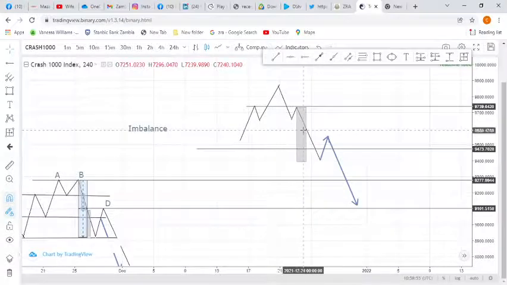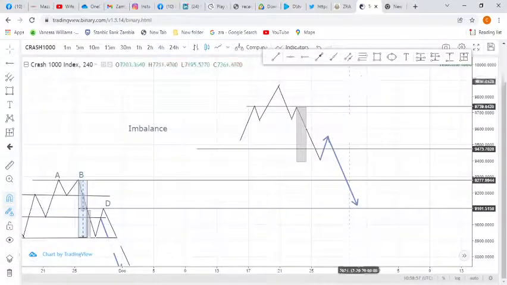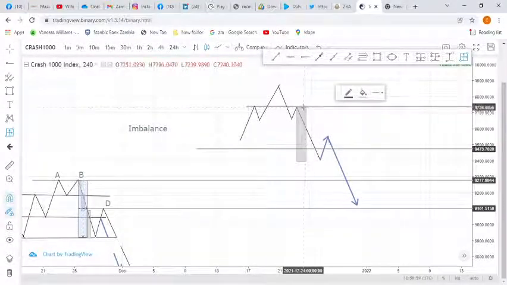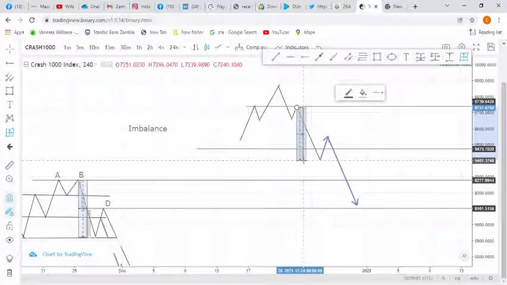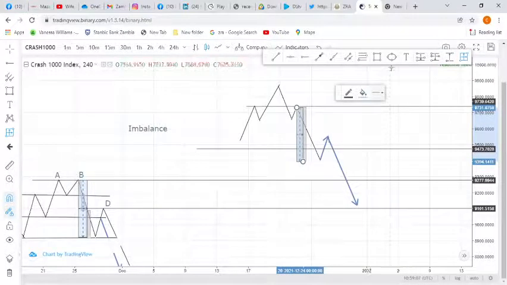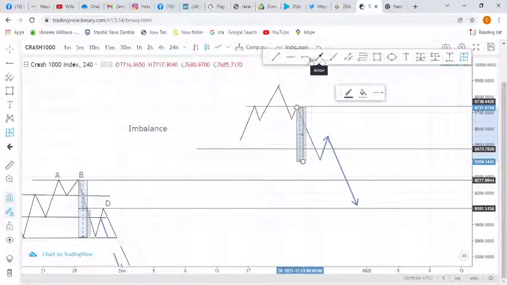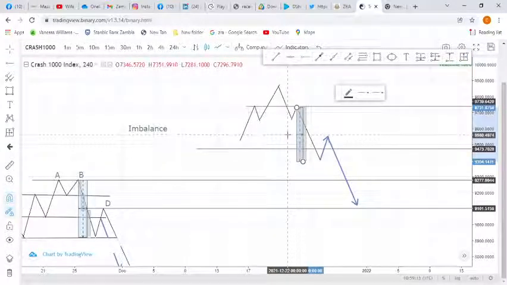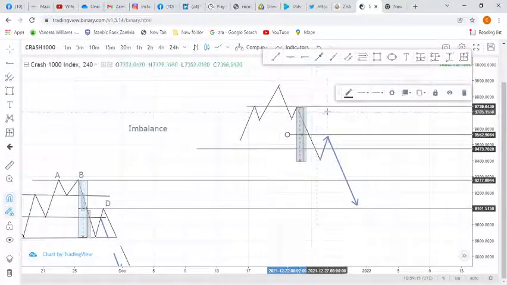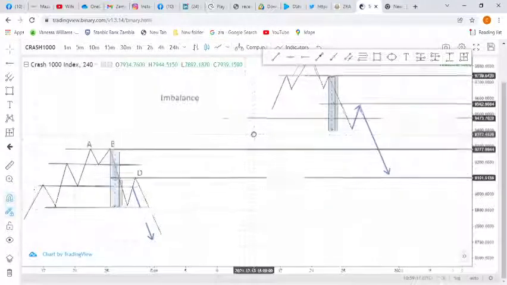And that's where we say that here we mark up 50%. We mark up 50% of the actual rapid movement of the market, and we place our orders from there.